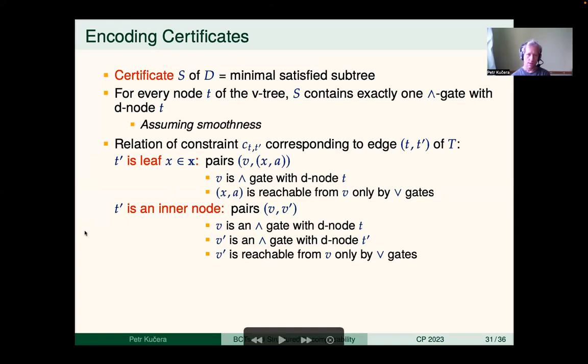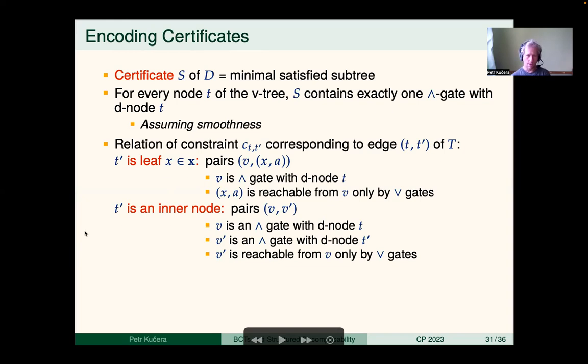So we will set the relation of the constraint that connects T with T prime, where T and T prime are the nodes of the vtree. So actually, every variable of the constructed CSP is a node in the vtree.